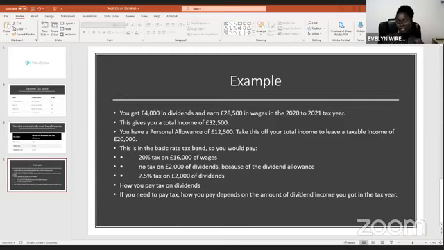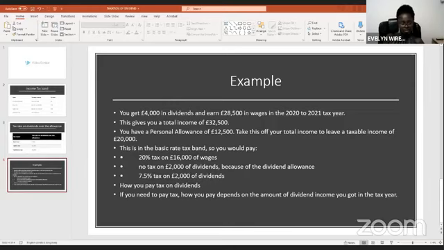You take this off your total income to leave a taxable income of 20,000 pounds. This is within the basic rate tax band, where the tax rate will normally be 20% for the other income. However, the dividend tax rate would normally have been 7.5%.